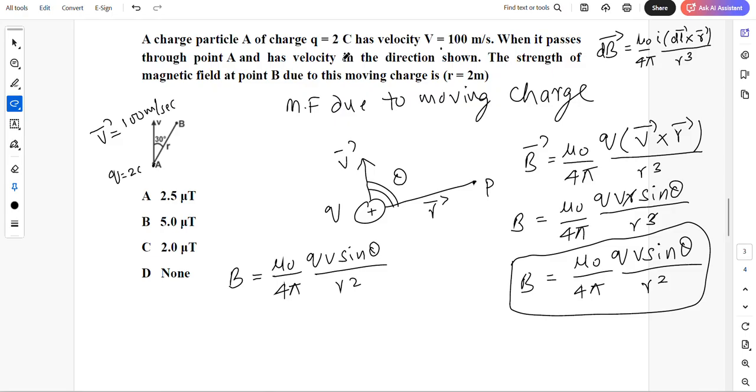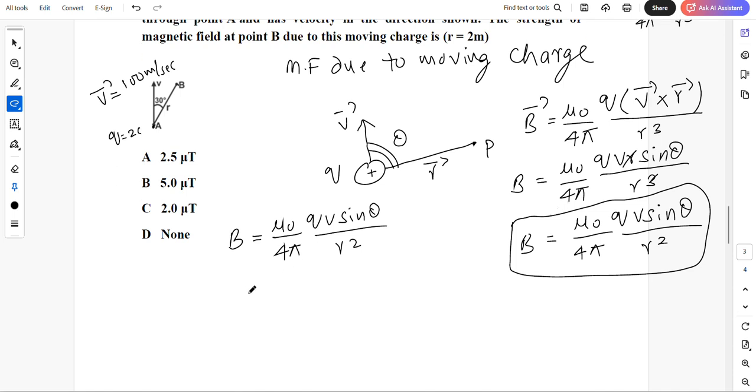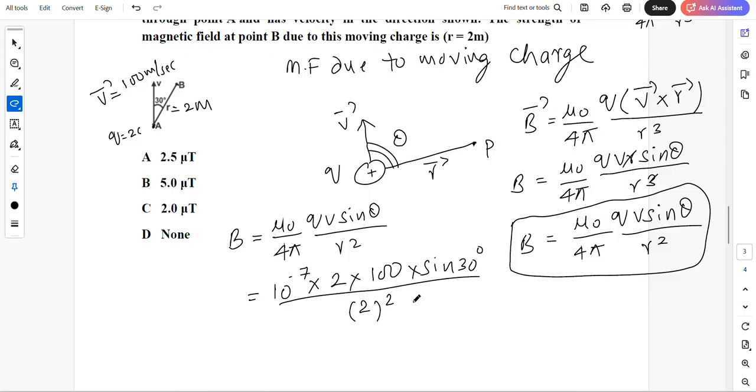You are supposed to calculate the magnetic field at this point P. Mu naught by 4 pi is 10 to the power of minus 7, into q which is 2 coulomb, into v which is 100, into sin of the angle between them, which is 30 degrees, divided by r squared. R is 2 meters, whole squared.